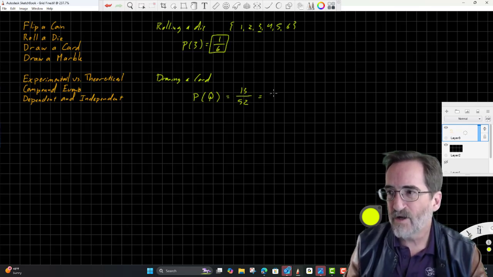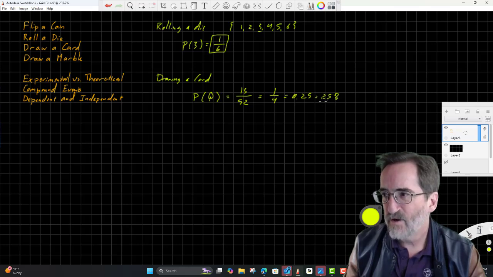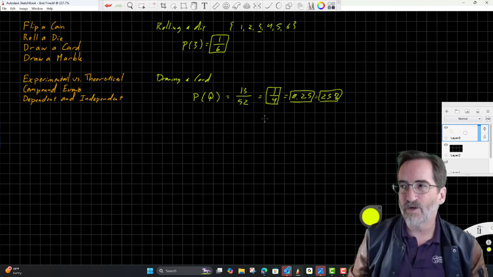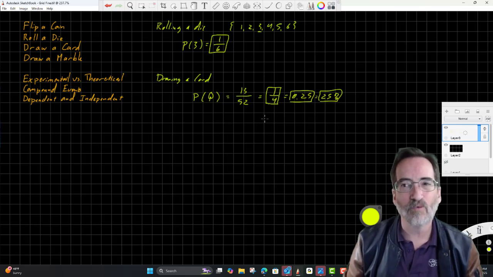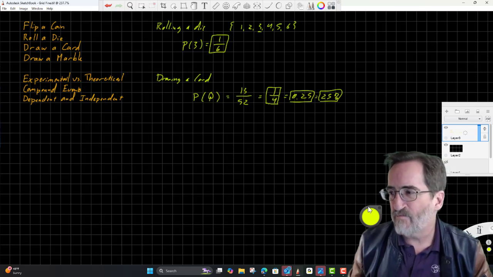So 13 out of 52 reduces to 1 out of 4, or 0.25, or 25%. So the theoretical probability of drawing a spade when drawing a card at random from a deck is 25%, or 1/4, or 0.25.